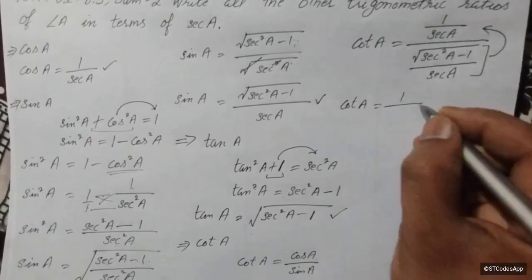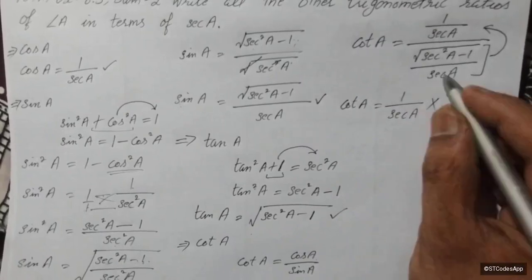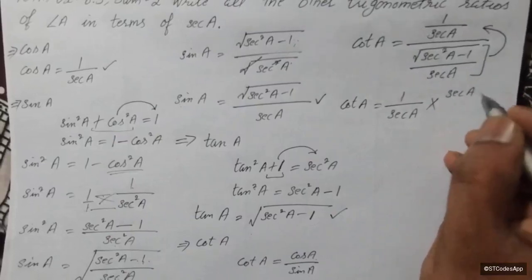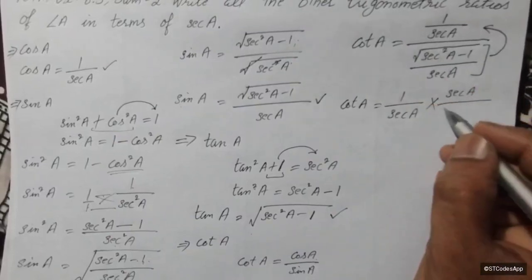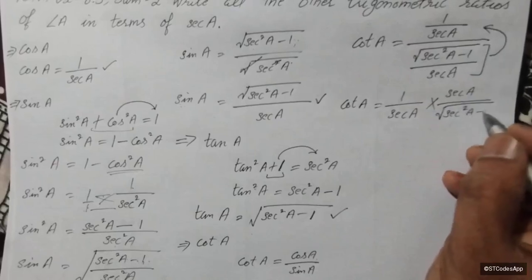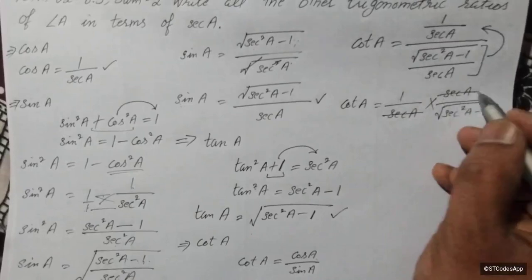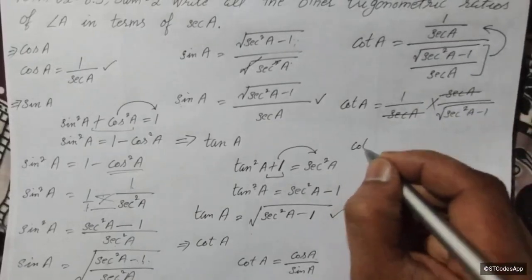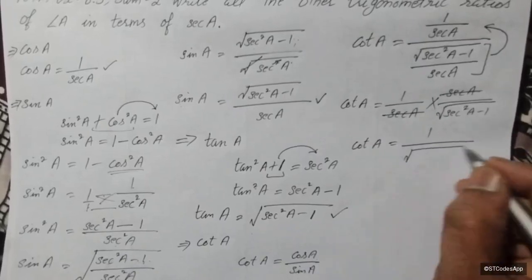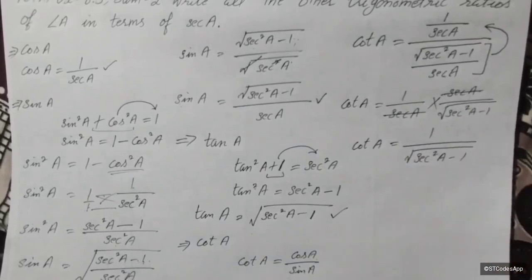So 1 times sec A, divided by under root sec square A minus 1. Sec cancels with sec, so cot A is equal to 1 upon under root sec square A minus 1.